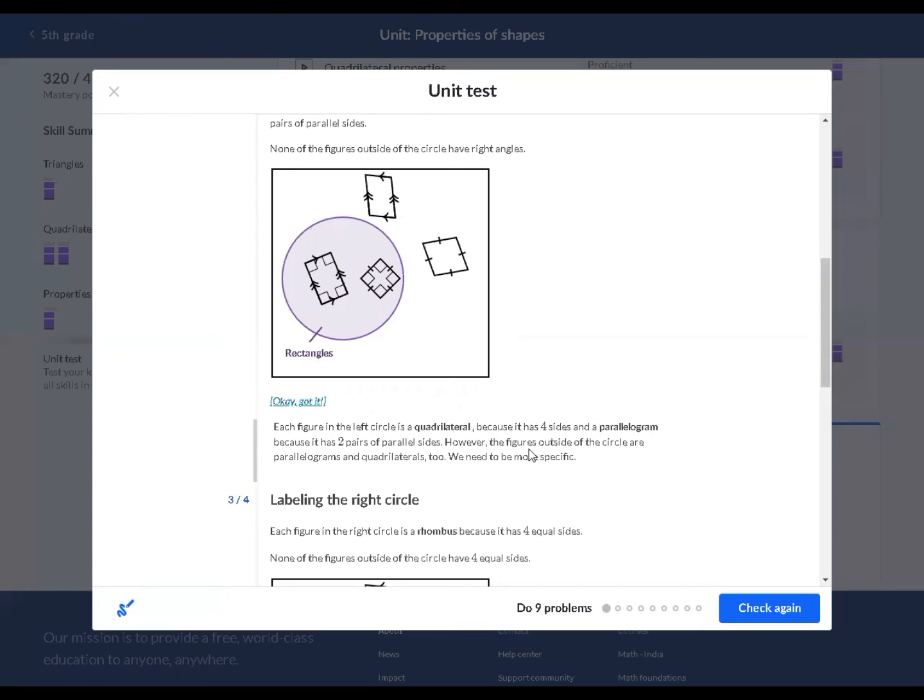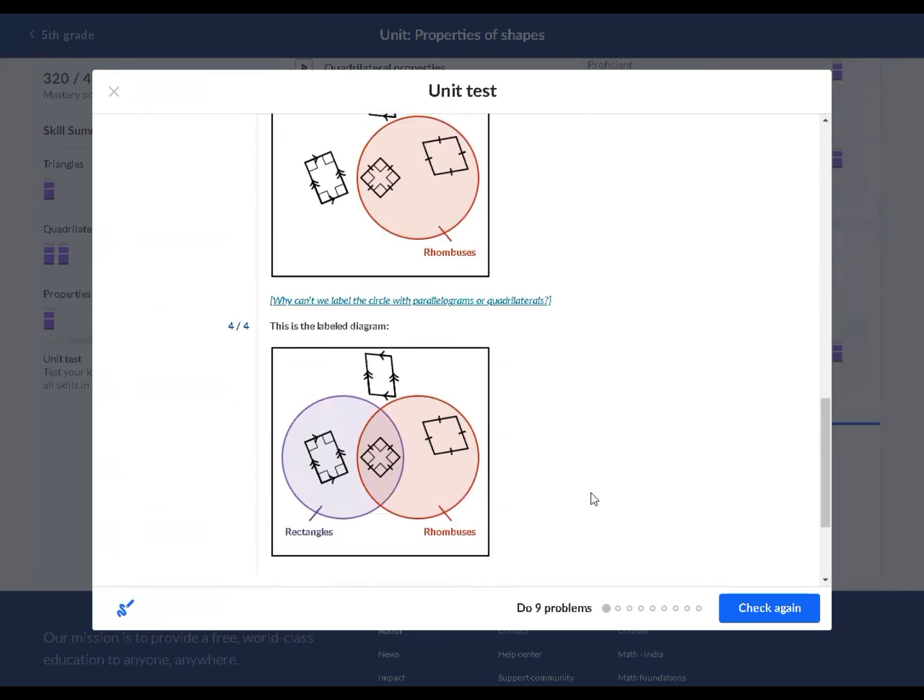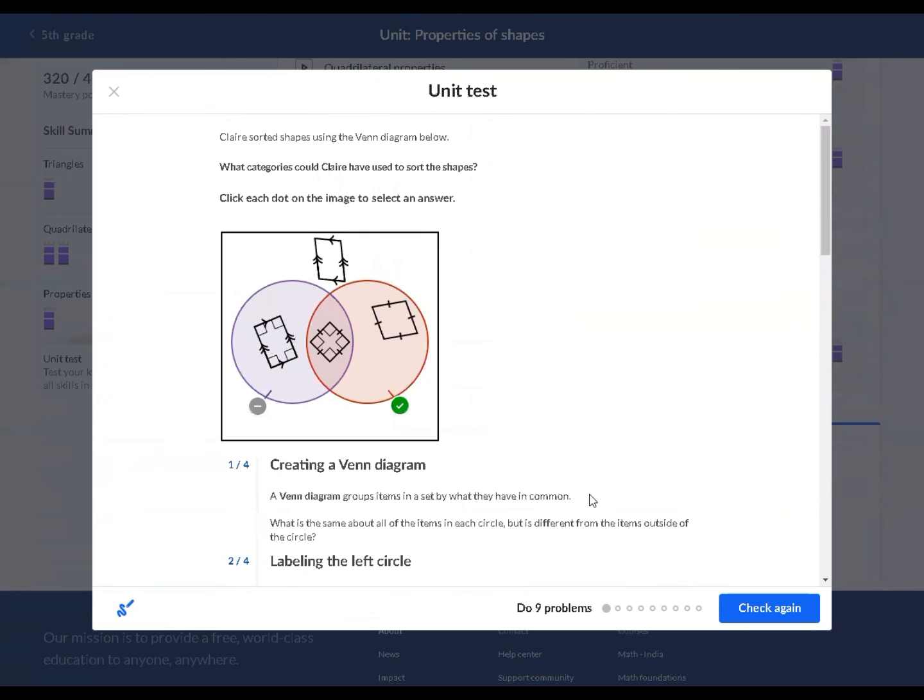However, the figures outside of the circle are parallelograms and quadrilaterals too. We need to be more specific. Okay, yeah, that's my bad. So yeah, this is basically a rectangle. These are rectangles. I thought of that.